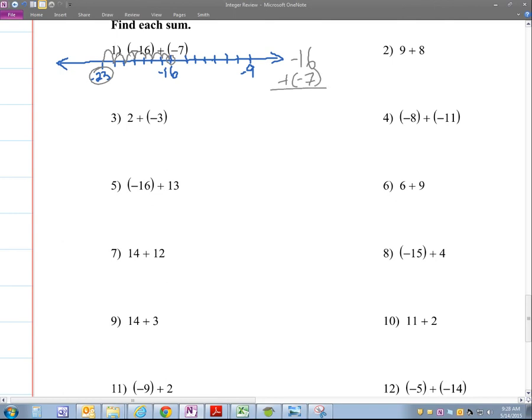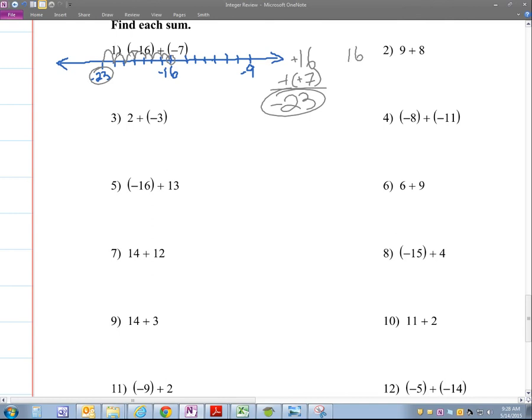I can think of it as an additive inverse. So I'm going to switch this sign. What is 16 plus 7? It's 23. But you have to remember that we switched them, so it's going to be negative 23.